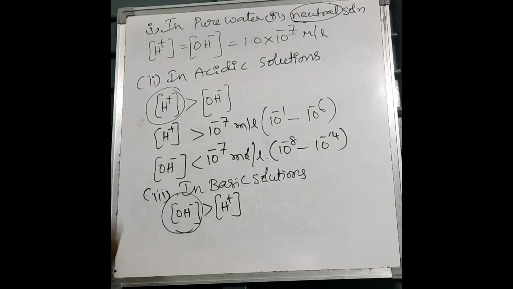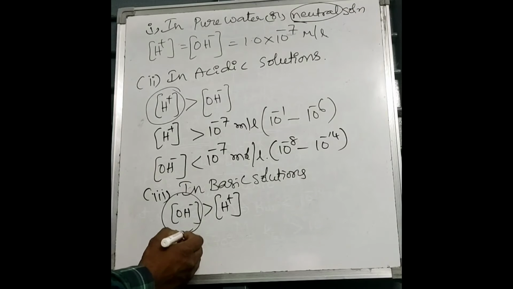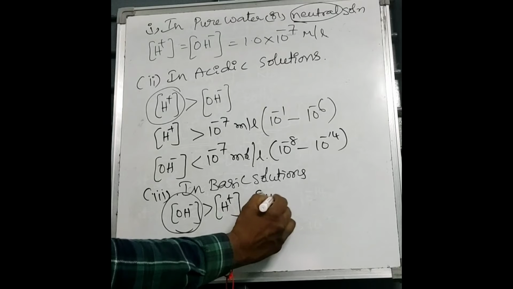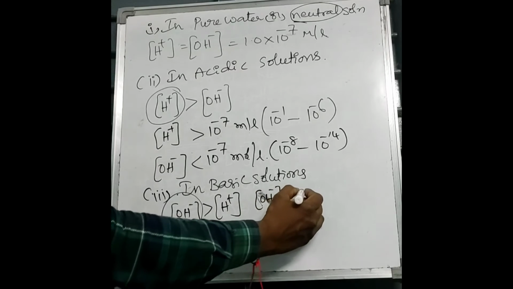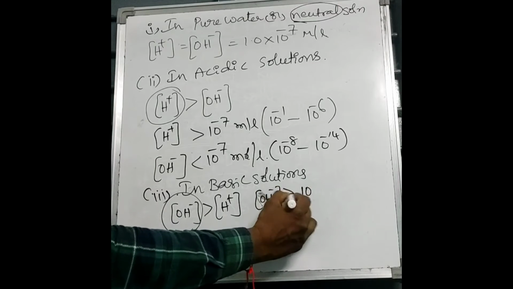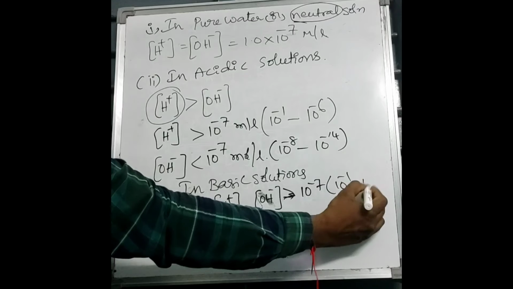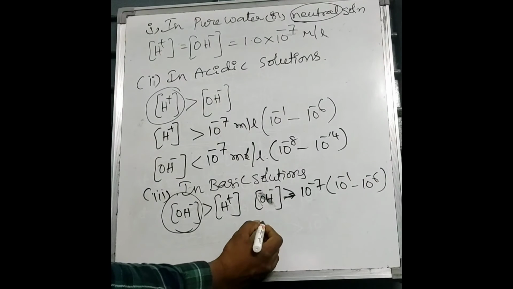So when the concentration of OH minus ion increases in the solution, the nature of the solution is basic. This means the OH minus ion concentration is greater than 10 power minus 7 for basic solutions, that is, 10 power minus 1 to 10 power minus 6.